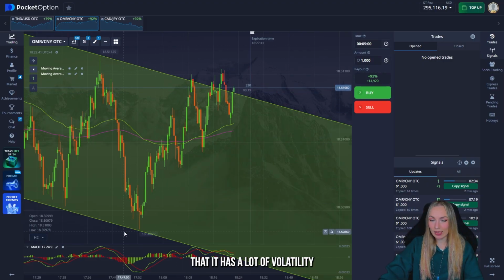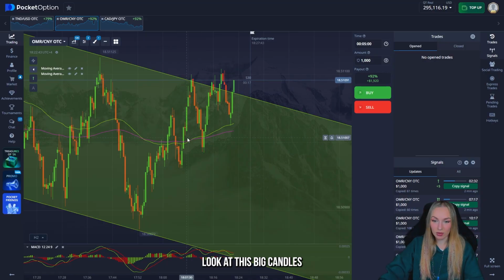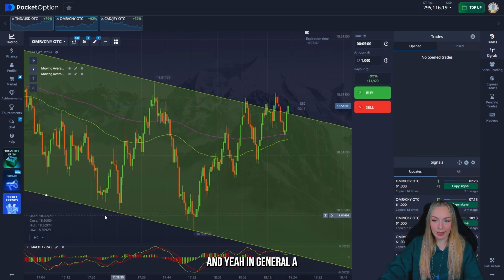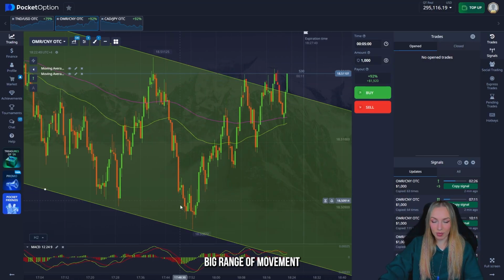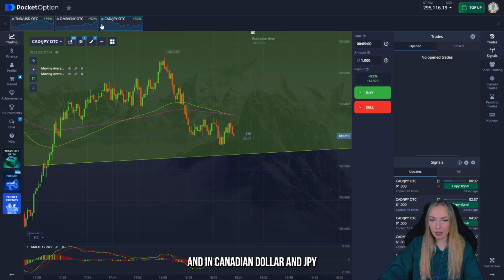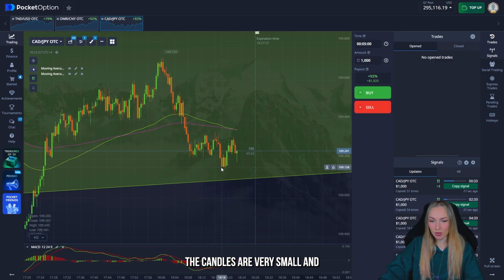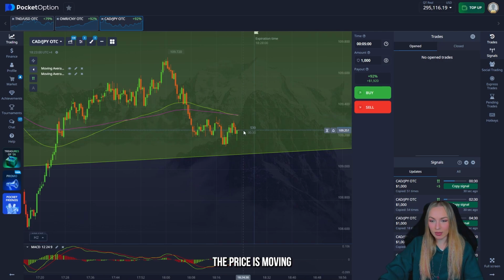OMR CNY has a lot of volatility. Look at these big candles and, in general, a big range of movement in the price. And in Canadian dollar and JPY the candles are very small, and the price is moving really slowly.